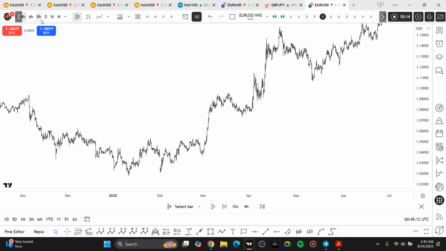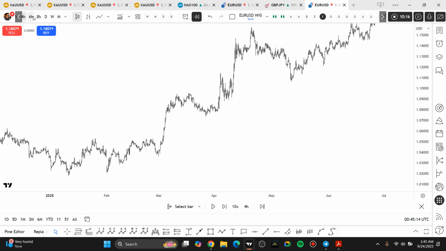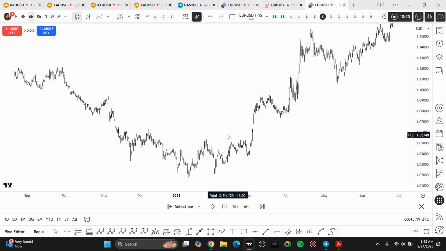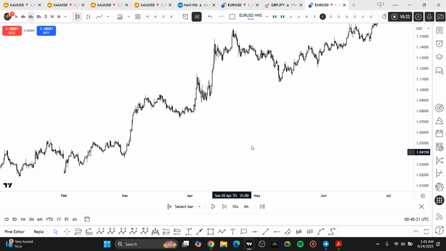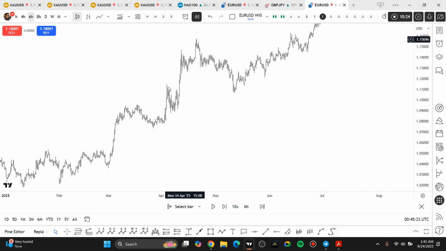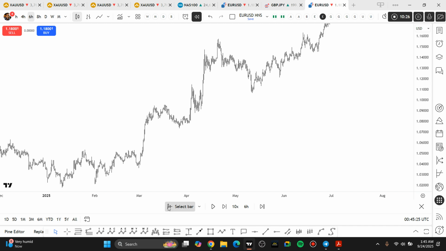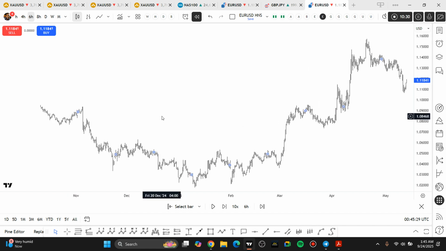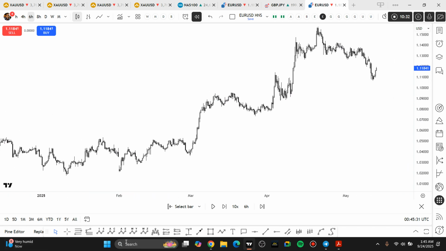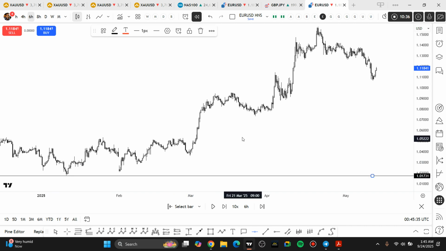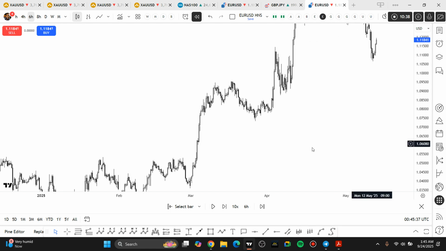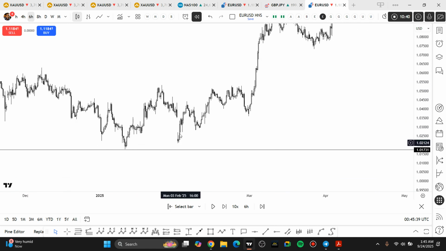Okay, let's go to a higher time frame so that we all can see it clearly. Now, if you zoom this out, this is the starting point of this count here, right? Now, the rules of Elliott wave state that wave 2 should not retrace 100% of wave 1.